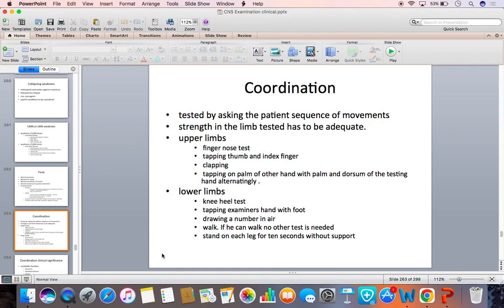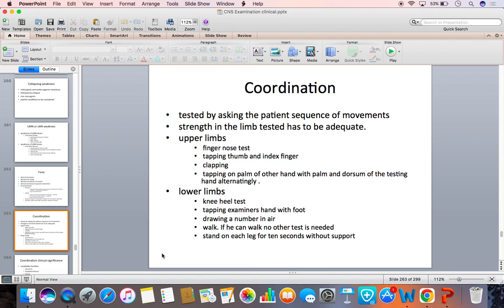Finger nose test, tapping the thumb and index finger, clapping, tapping on the palm of the other hand with the palm and dorsum of the testing hand. Or tap on the palm of the examiner with the palm and dorsum of your patient.